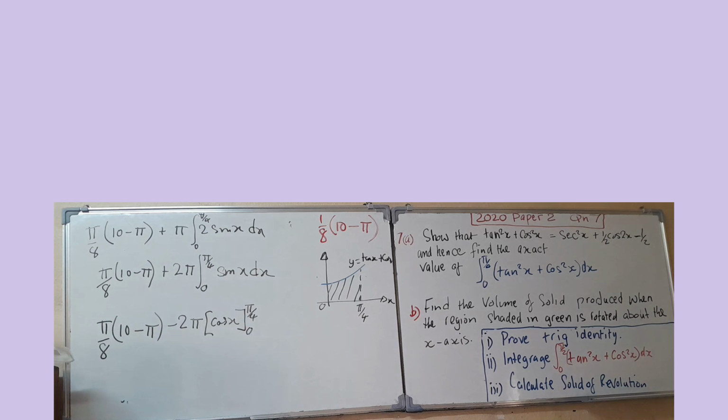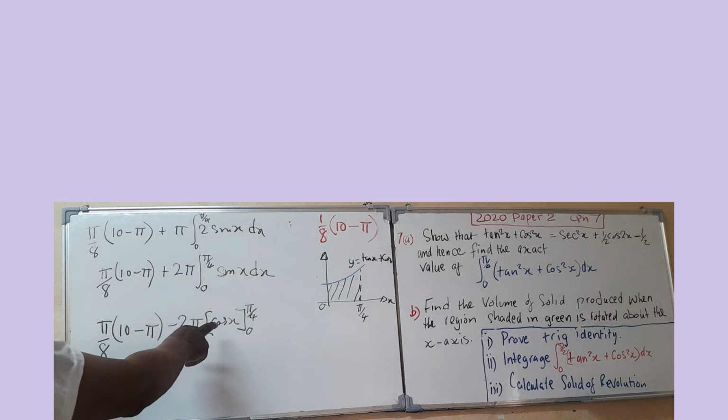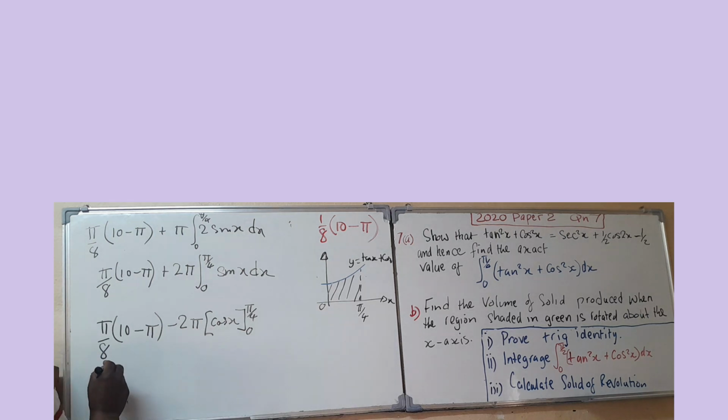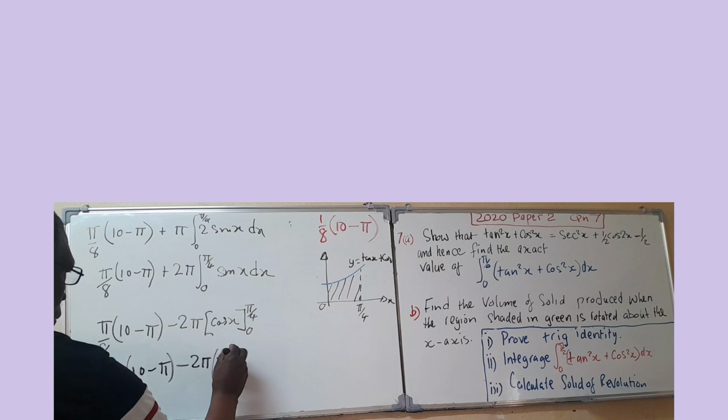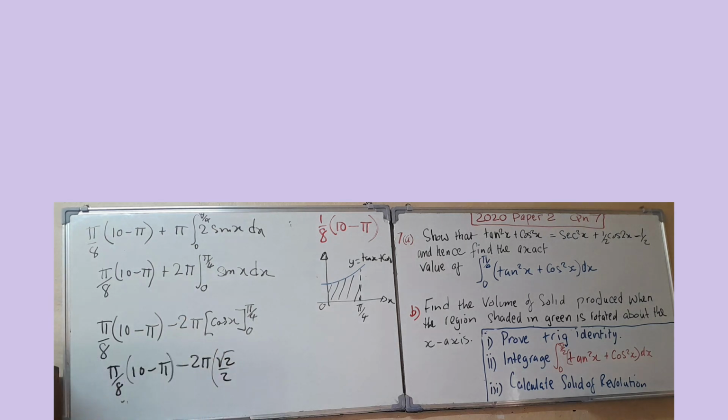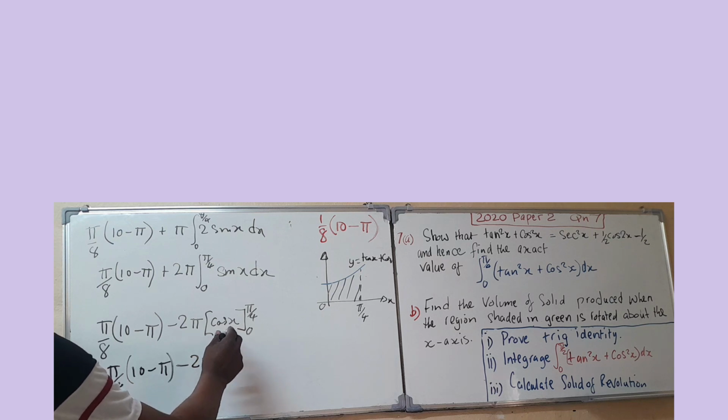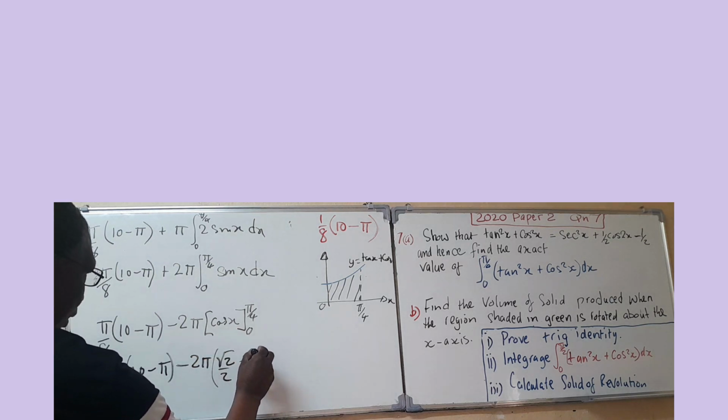Okay, let's do it slowly. This is pi over 8, 10 minus pi, minus 2 pi, brackets. When x is equal to pi over 4, this one is equal to root 2 over 2, the cosine of 45 degrees. Of course, when x is equal to 0, that one will be equal to 1.